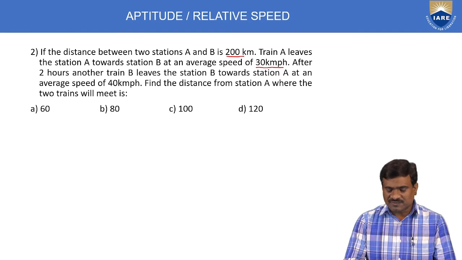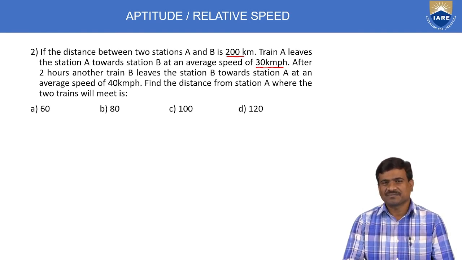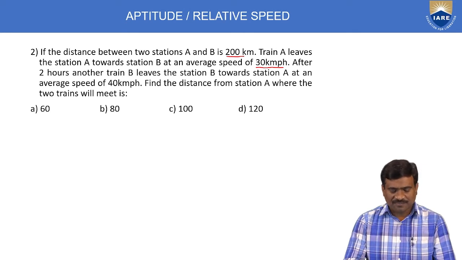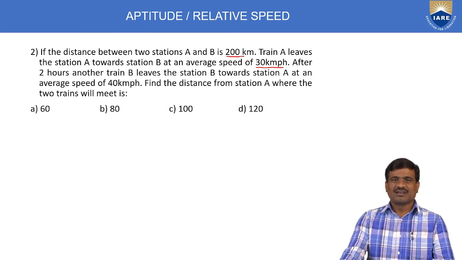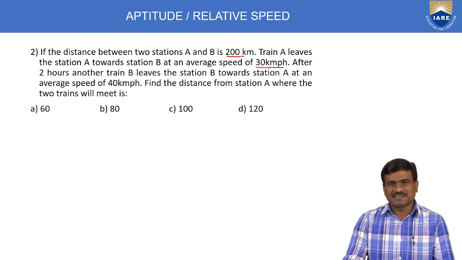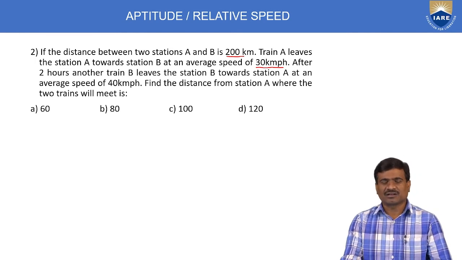Find the distance from station A where the two trains will meet. Option A 60, B 80 kilometers, C 100 kilometers, D 120 kilometers. First method: general procedure. Second method: shortcut method.